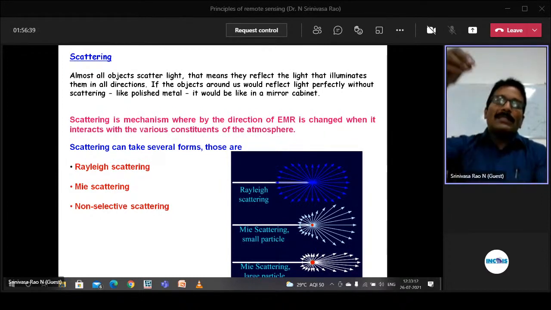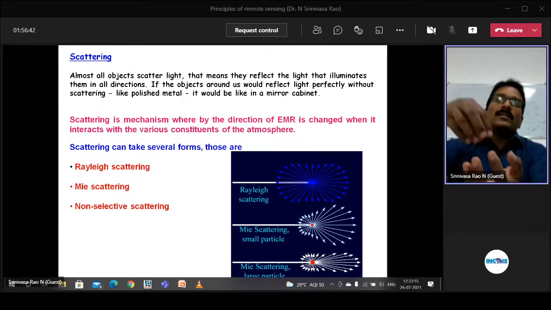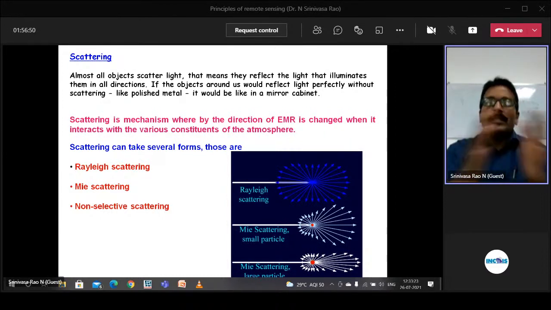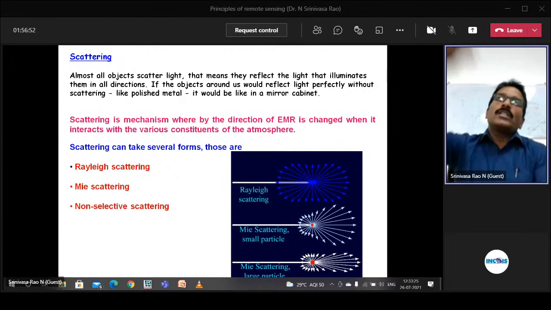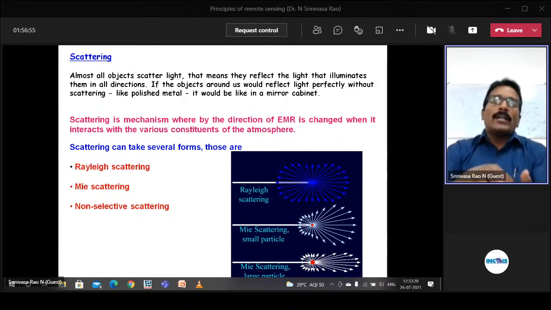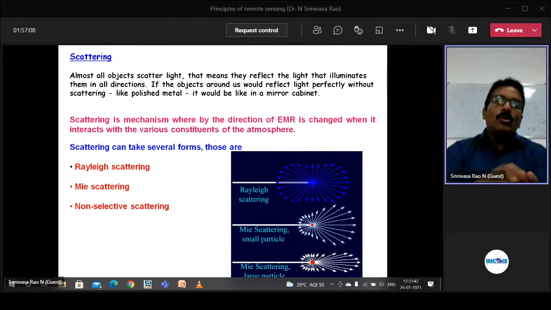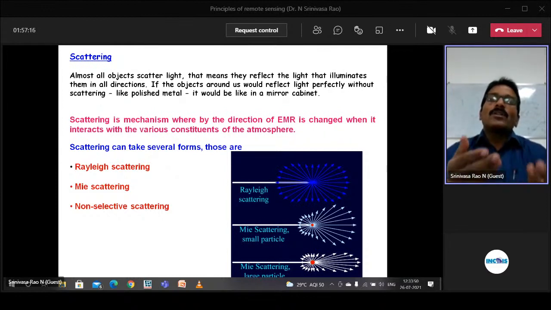If our sensor captures the whole 100 units reflected or emitted, and the atmosphere is not there, then I get 100% accurate information about the target. But in the atmosphere, scattering takes place, and because of it we lose some valuable information. If 100 units reflect and 30 units scatter, we lose 30% of the information.